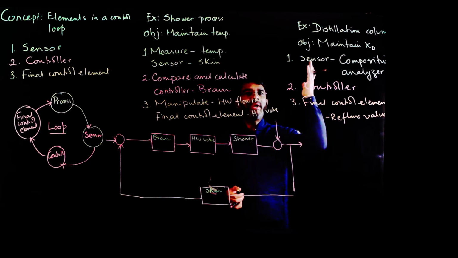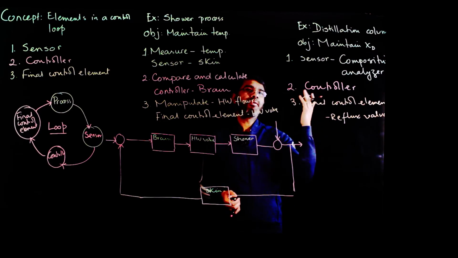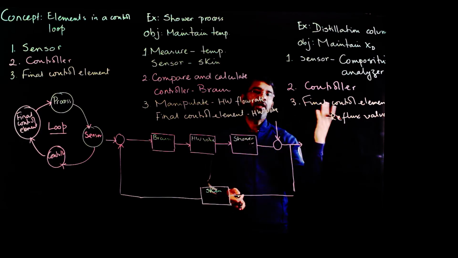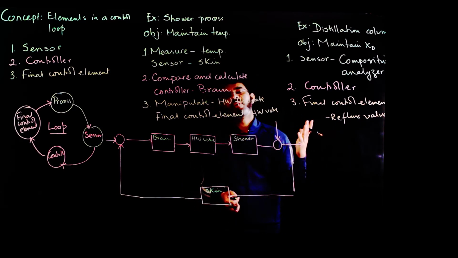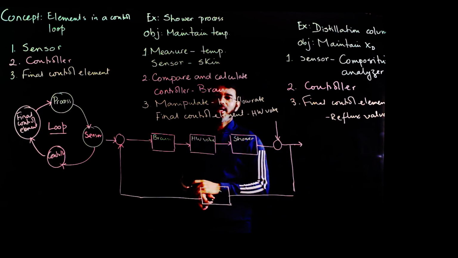So the objective was to maintain XD. We need to measure XD, do some calculation and take some action. And if the control configuration tells that the reflux flow is manipulated to maintain the top composition, the final control element is the reflux valve.